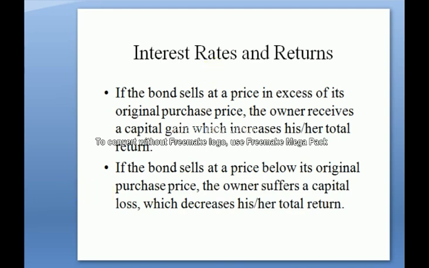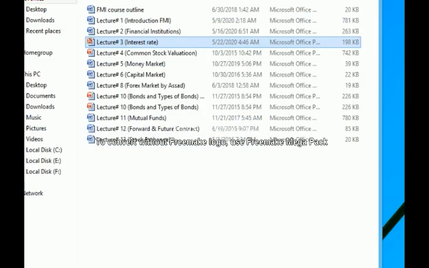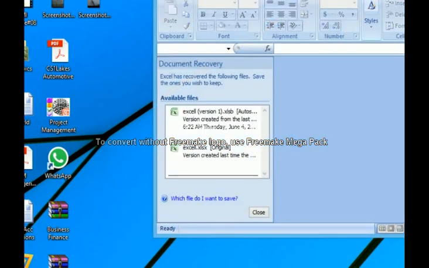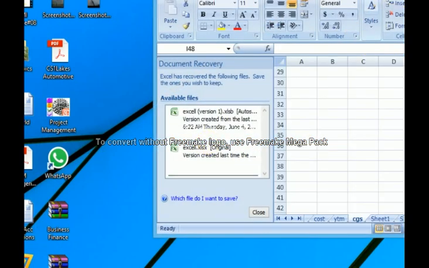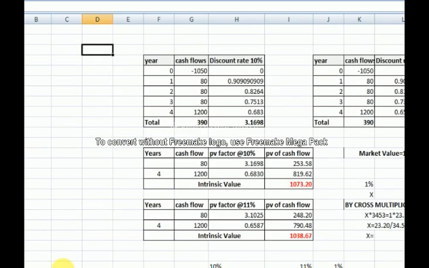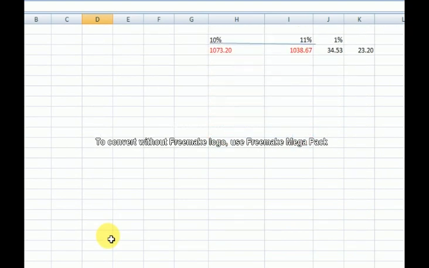Look at, dear students, if I purchase a bond with 900, the purchase price of the bond is equal to 900.